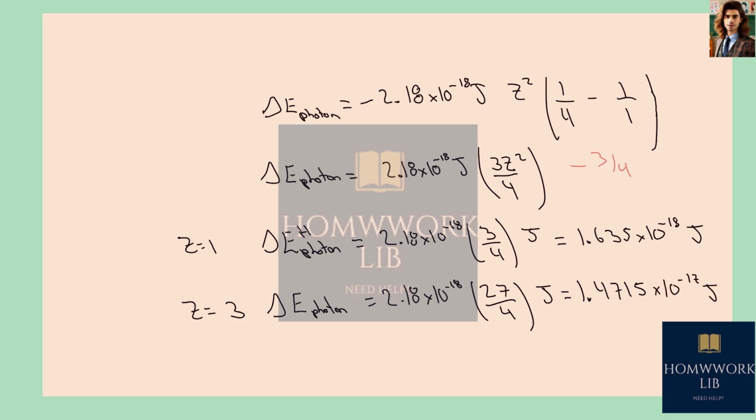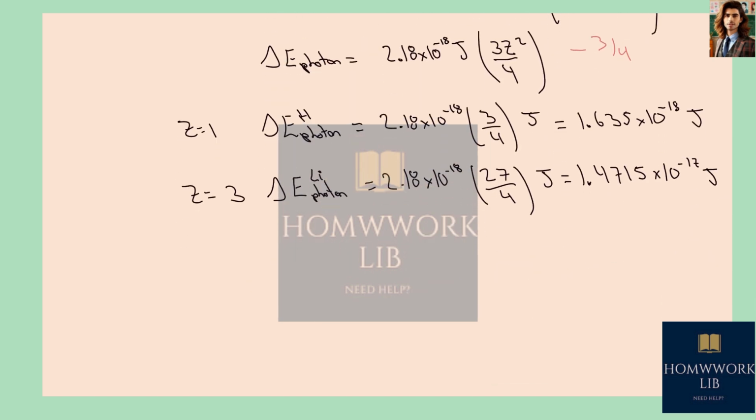So you may realize that the change of energy of the photon in lithium is 1 order of magnitude larger. That is because this change of energy of the photon of lithium is 9 times the change of energy of the photon in hydrogen.